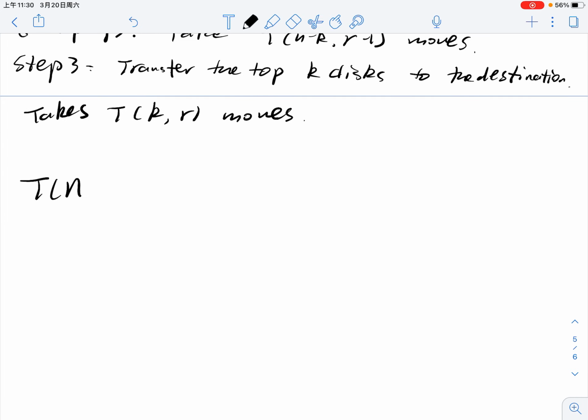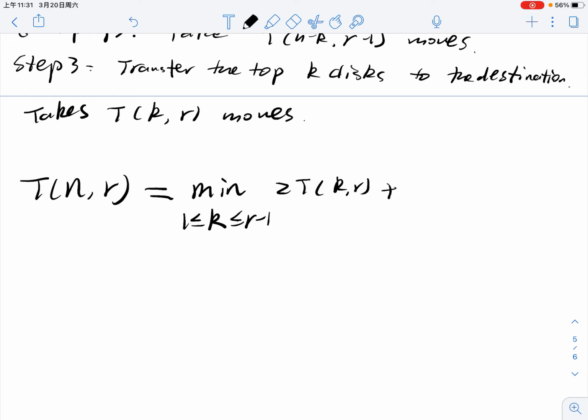So what is T(n, r)? Recall that in the previous algorithm, you have an undetermined variable k, and since by T we mean the minimum, this will be the minimum over all k between 1 and r minus 1 of T(k, r) plus T(m minus k, r minus 1).